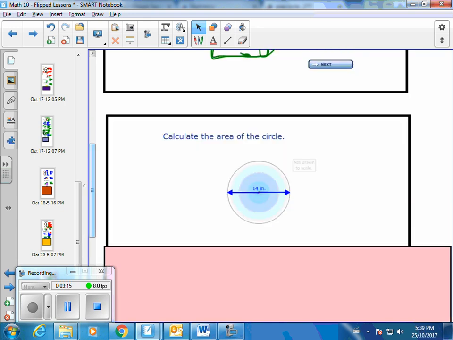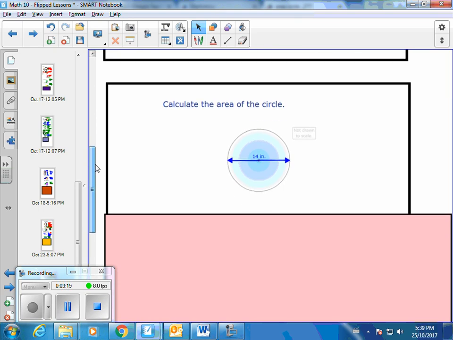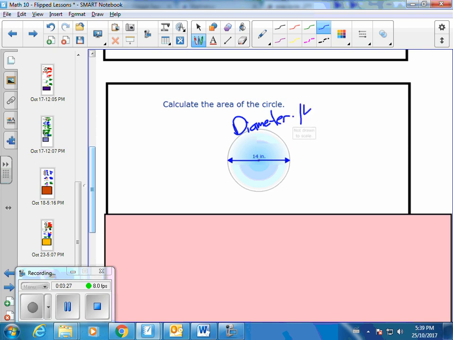What happens if we have to calculate the area of a circle, but they give us the diameter? In this one, the diameter is the width across a circle. So we know that our diameter here is 14 inches. My radius is half of my diameter, which equals 7 inches.